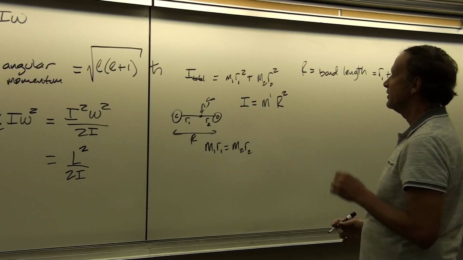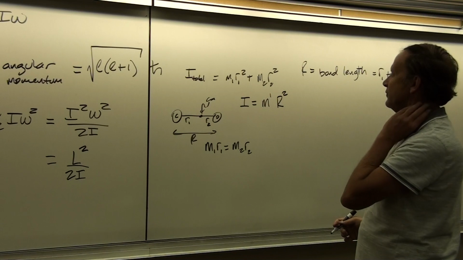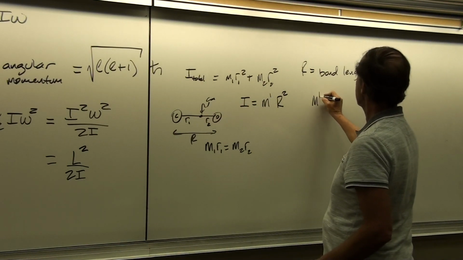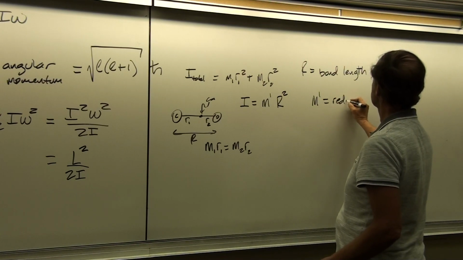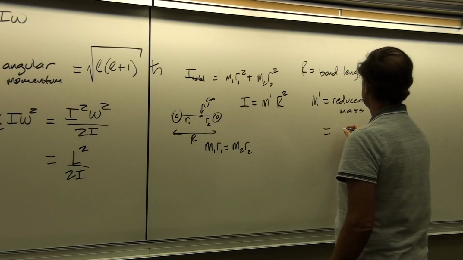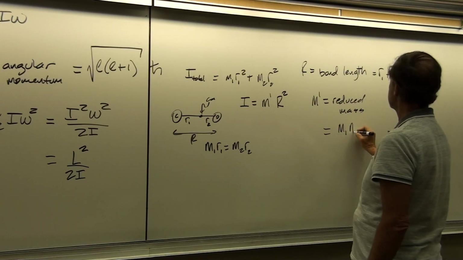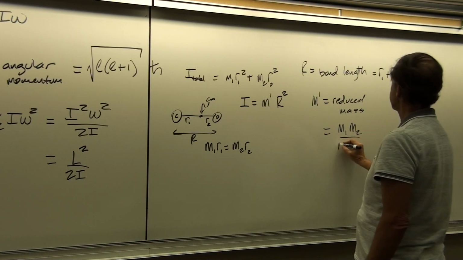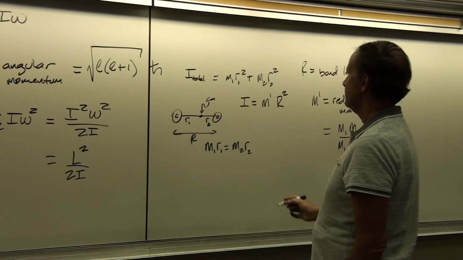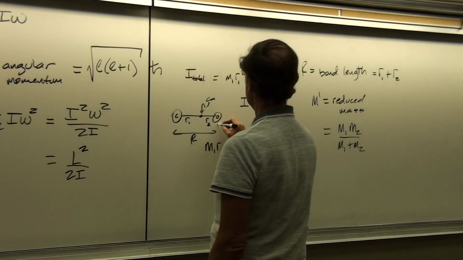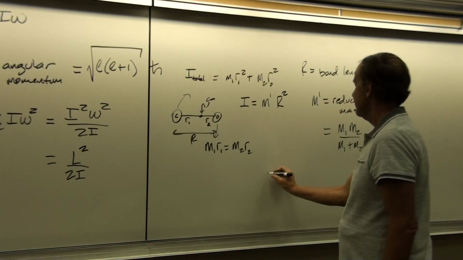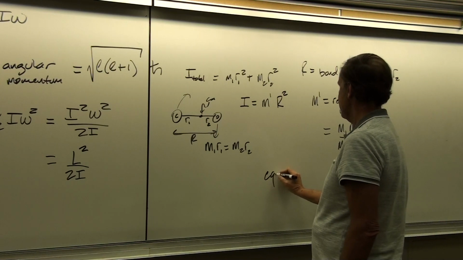So it's just the physical distance between the two atoms. And M prime is what we call our reduced mass, which is equal to, just very simply, the product of the two masses divided by the sum. So this problem, with the two atoms rotating about the center of mass, is equivalent to this problem mathematically.